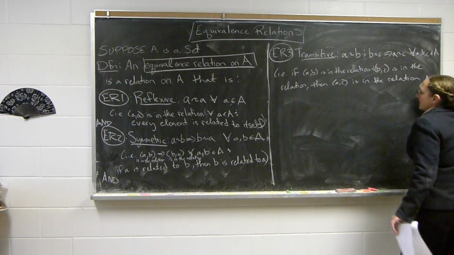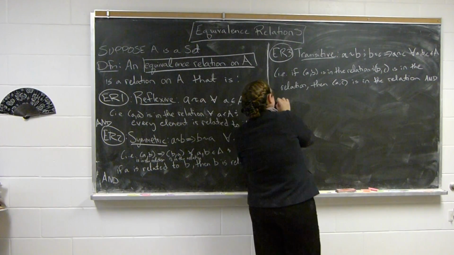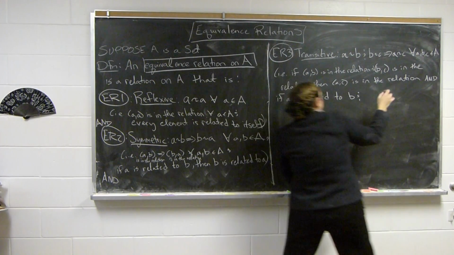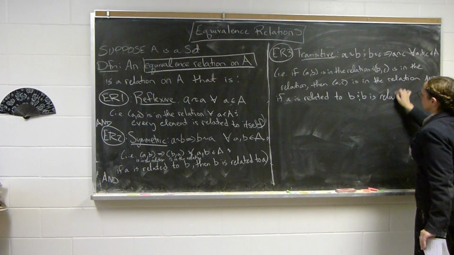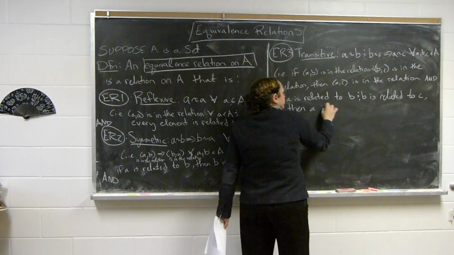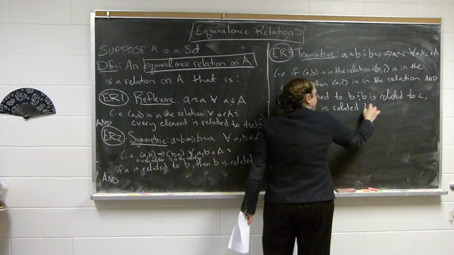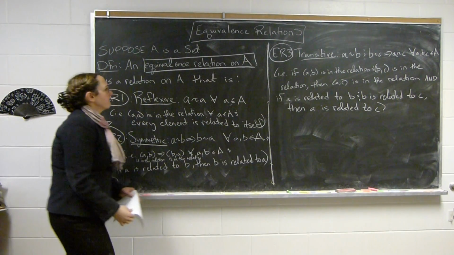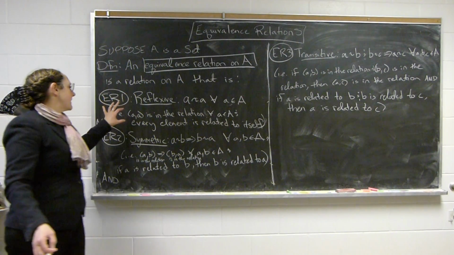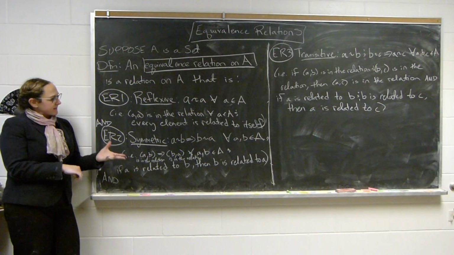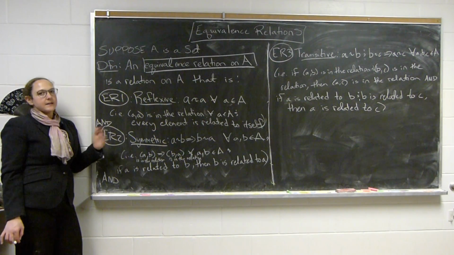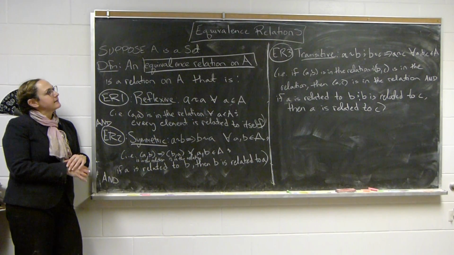Another way of looking at it is to say, if A is related to B and B is related to C, then A is related to C. So if you have a relation, a subset of the Cartesian product of A with itself, and it satisfies reflexivity, every element is related to itself; symmetry, if A is related to B, then B is related to A; and transitivity, if A is related to B and B is related to C, then A is related to C, then it's an equivalence relation.